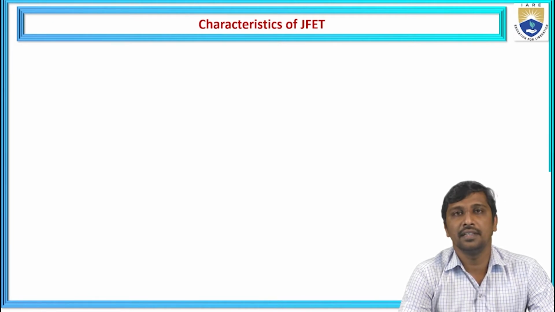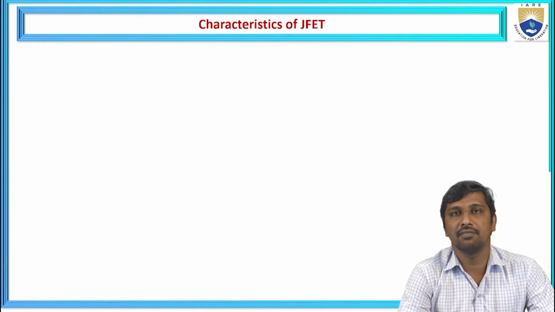And we know that in a FET, the conduction depends only upon the majority charge carriers. If we consider the N-channel JFET, the conduction depends upon electrons, because in N-type material the majority charge carriers are electrons.